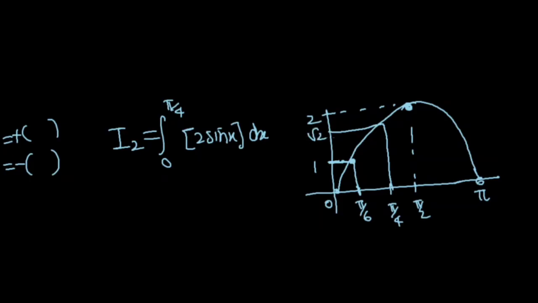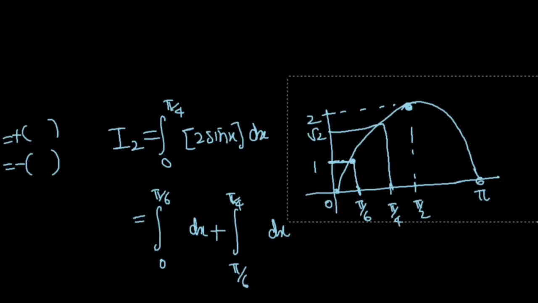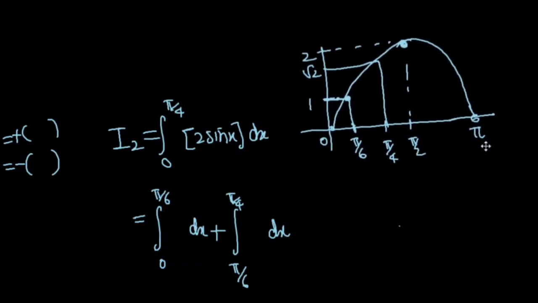So I am breaking the limits, which are 0 to pi by 4, into 0 to pi by 6 dx plus pi by 6 to pi by 4 dx.